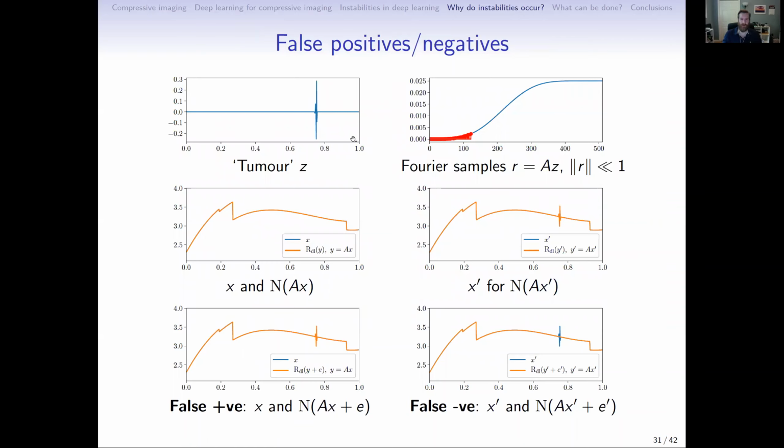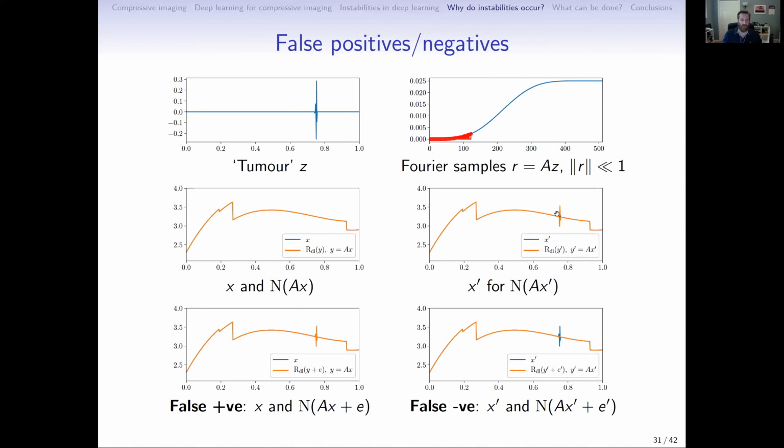This thing Z. What we've done is we've trained a neural network here to recover X and recover X prime very well from their measurements. But this feature lies close to the null space of the measurement operator. We're taking Fourier measurements, primarily low frequency Fourier measurements. This is typical in practice, and this thing is therefore close to the null space, because its Fourier transform is small at low frequencies.